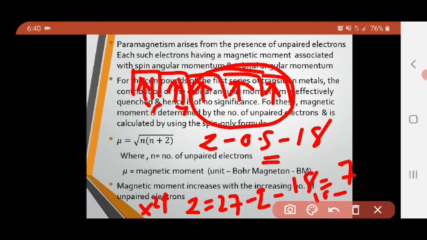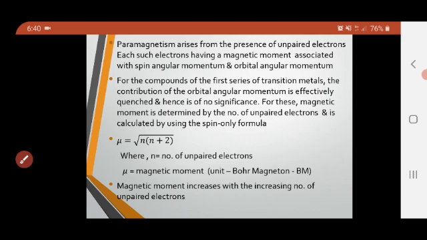And by knowing the unpaired electrons, we can substitute the value of n and then find the square root. So this is how we can calculate the magnetic moment. Now the question is asked to calculate the magnetic moment of any one element, and one such example is given in example 8.8.